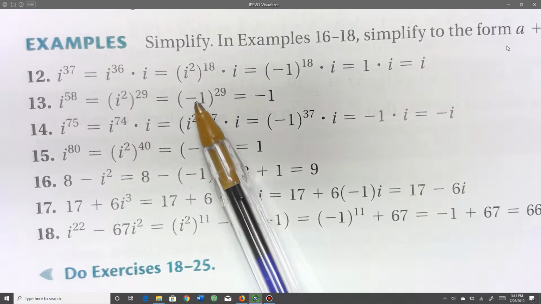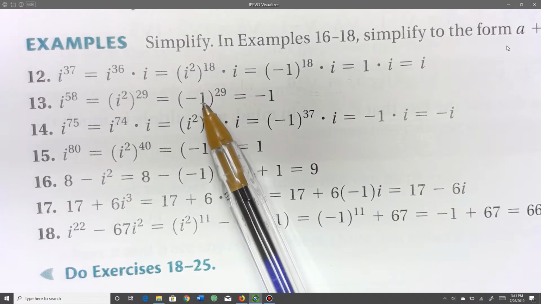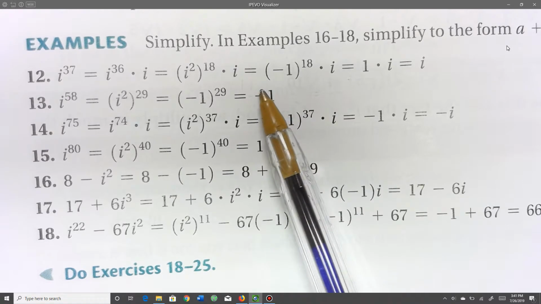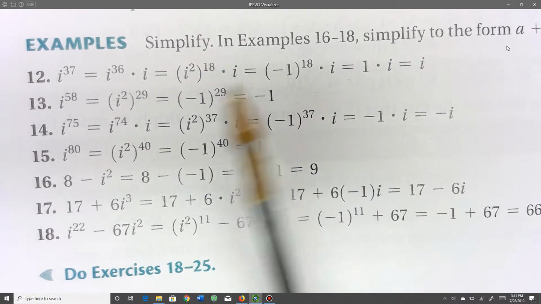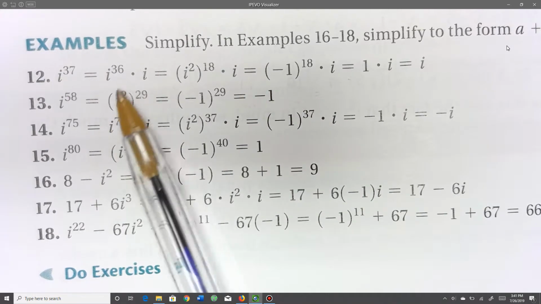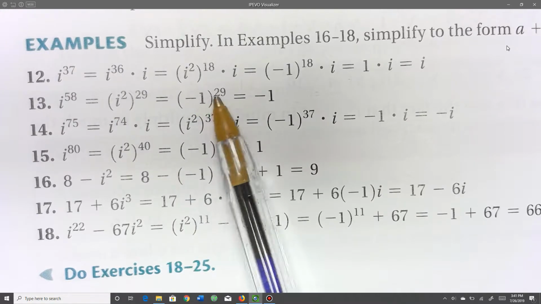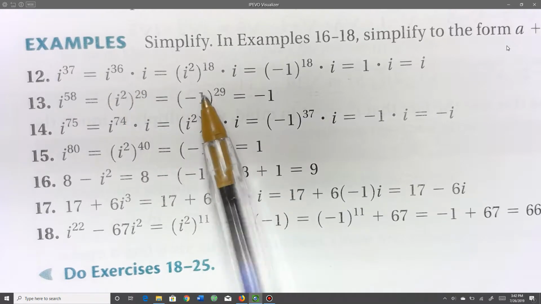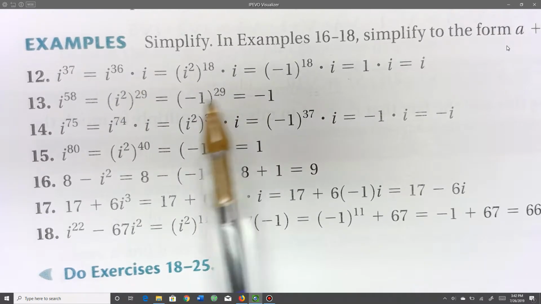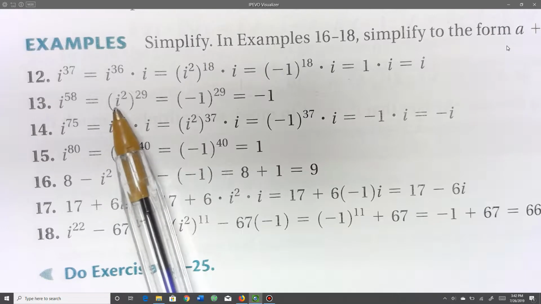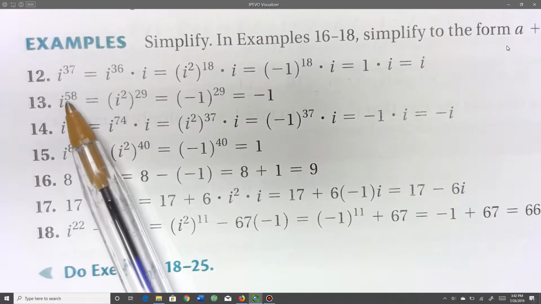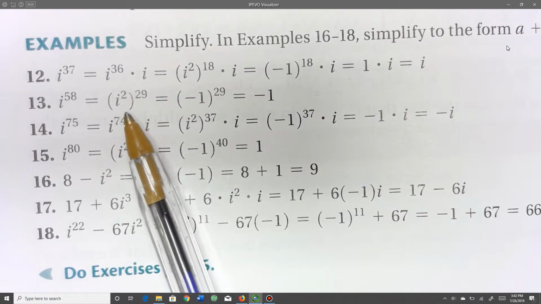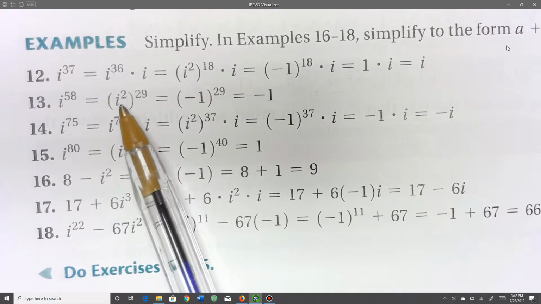In this case, I know that a negative 1 raised to an odd exponent is going to give me a negative 1. Okay, so the trick is right here. This step is easy to understand, easy to do, so don't worry too much about this step, worry about this step here. So when we have even values, get the square root equal to i squared first.